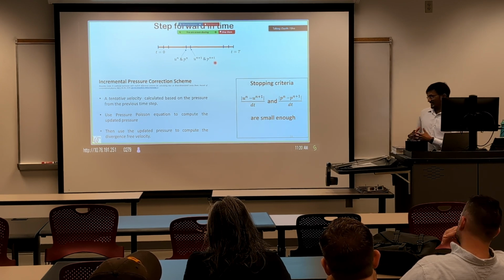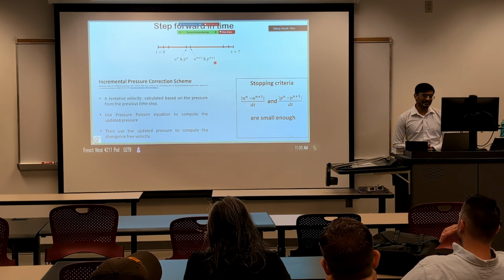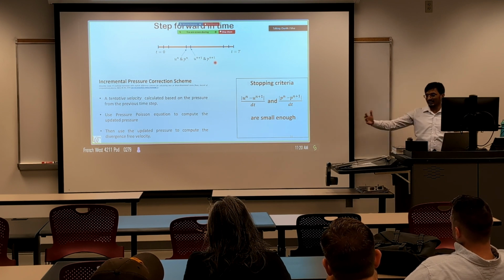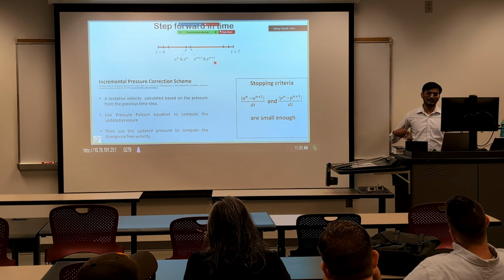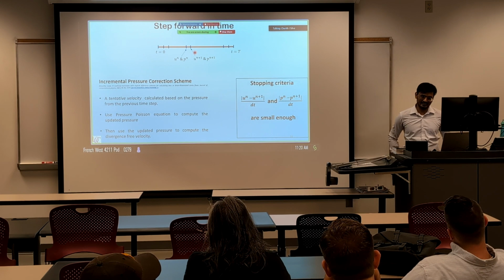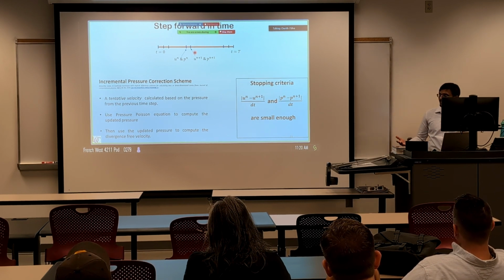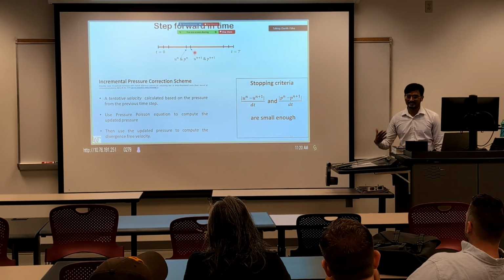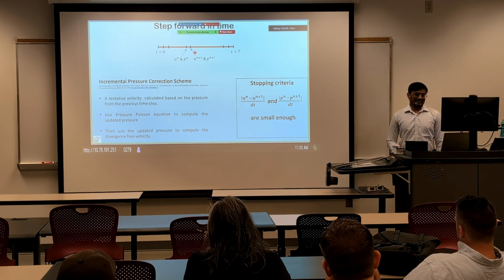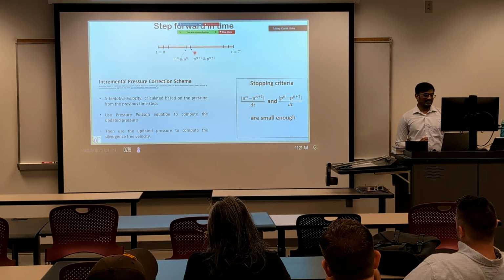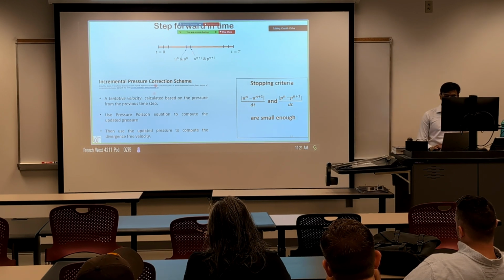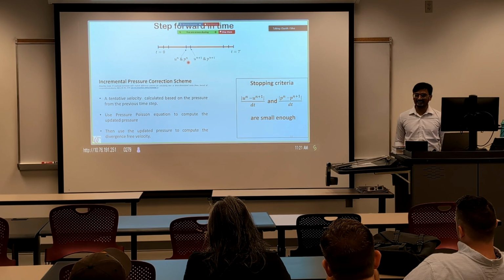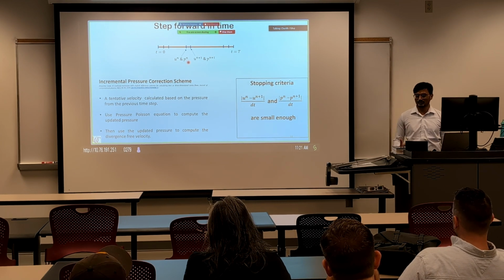To achieve that stability, one thing you can do is put a very large end time and let this calculation run all these for loops until it reaches the end time. That is possible because eventually the solution will reach stability. But that is computationally expensive because each of these iterations takes a lot of time to calculate.